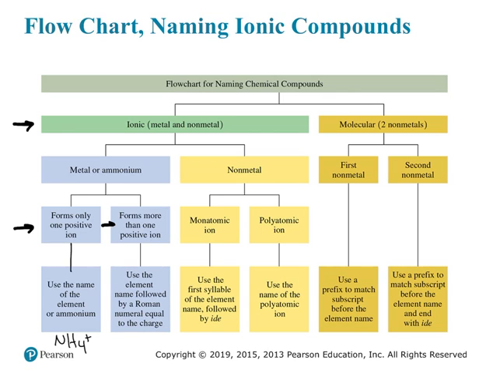Now let's say you have a metal that forms more than one positive ion. Then we're going to follow the metal name with a Roman numeral. And that's going to be equal to the charge on the metal. Now, for the second part of our compound, we might have a nonmetal, and we're just going to, again, use the first syllable of the element followed by IDE.